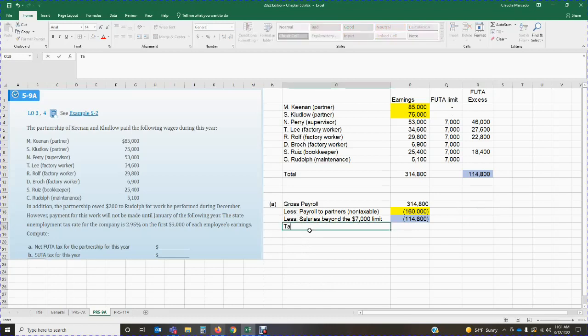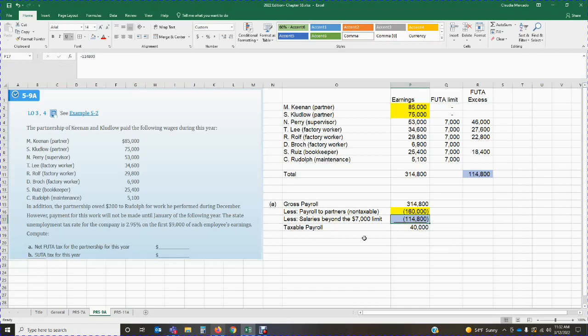My taxable payroll for FUTA purposes is going to be my 314,800 minus my 160,000 minus my 114,800. That gives me a taxable payroll of $40,000. For FUTA purposes, I'm only going to pay taxes on $40,000. Now that I have that, I have my FUTA rate.